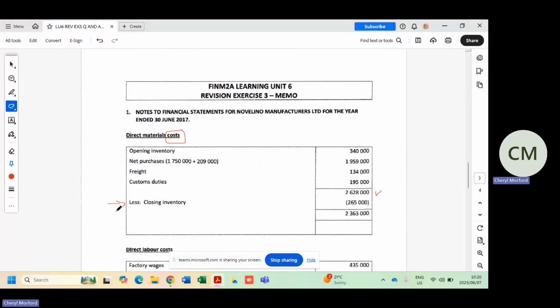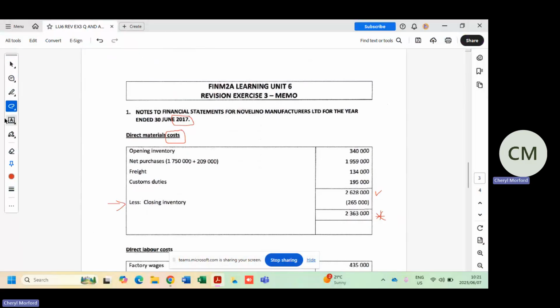So if we haven't used them, we can't include them as the cost. That's why we subtract them. And then we're going to land up with our final answer here that we want. So the cost of the direct materials used during the 2023 year is 2,363,000.